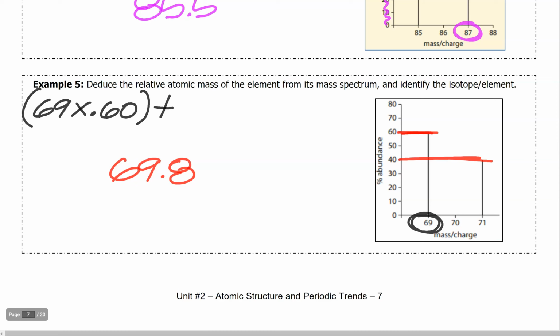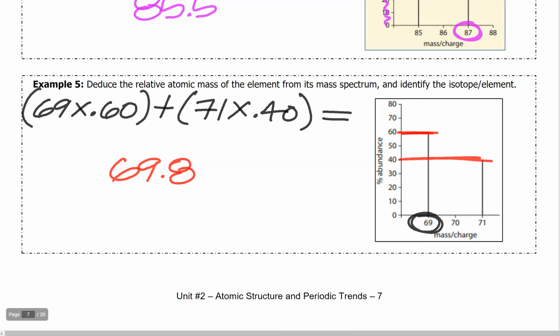And then I'm going to go ahead and add that to 71, and I'm going to multiply that by 0.40. And then we're going to hope for the best. So here we go. We're going to have 69 times 0.6, enter. We're going to add that to 71 times 0.4.